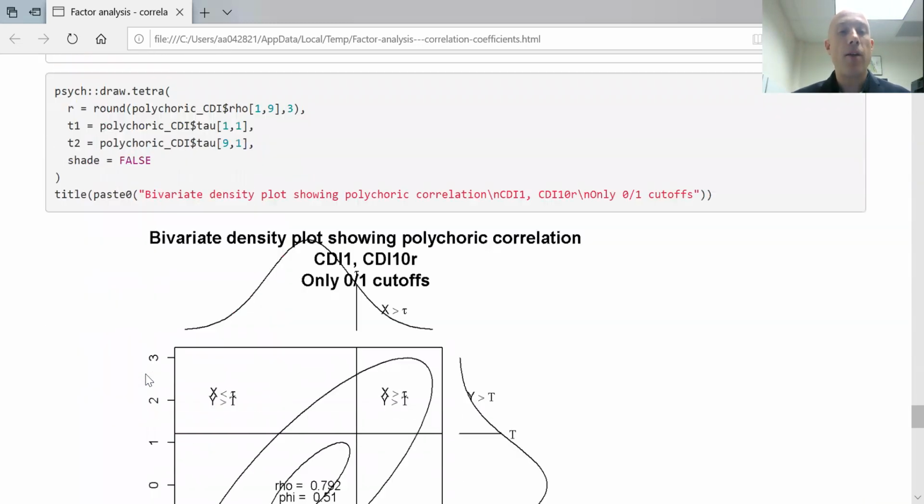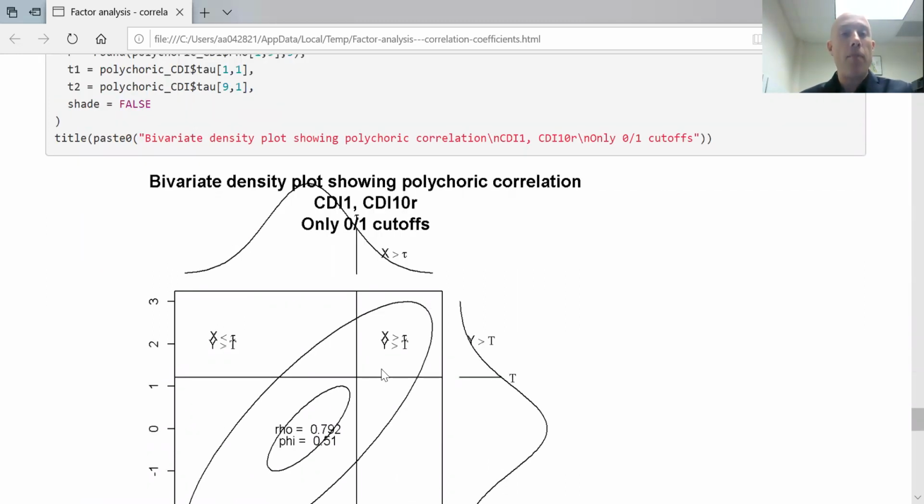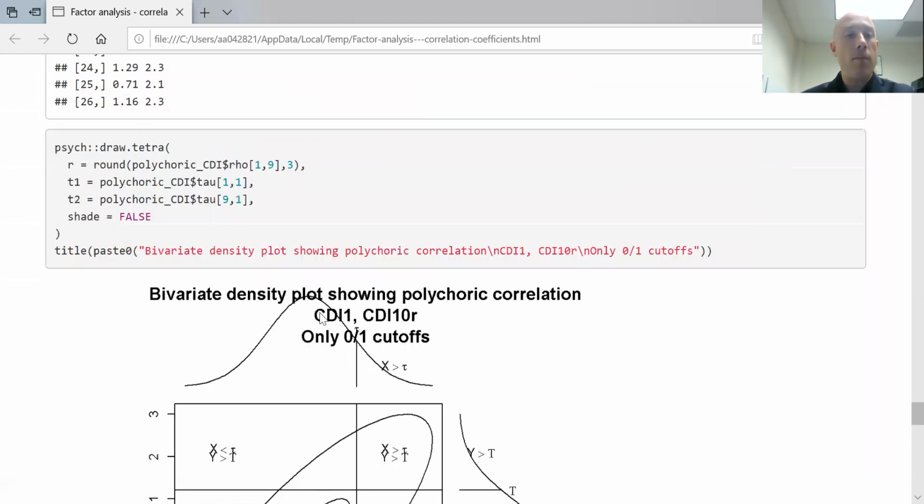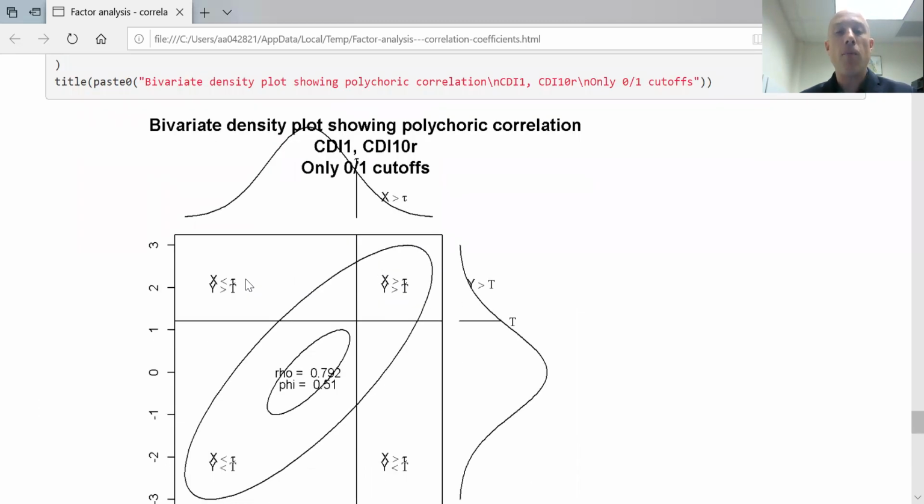So once again, I can go through and I can draw the ellipses plot. And when I do this, I'm just grabbing the row once again, and I'm grabbing the cutoffs and doing exactly the same thing. But the difference here is that this should be a 3 by 3 grid both times.